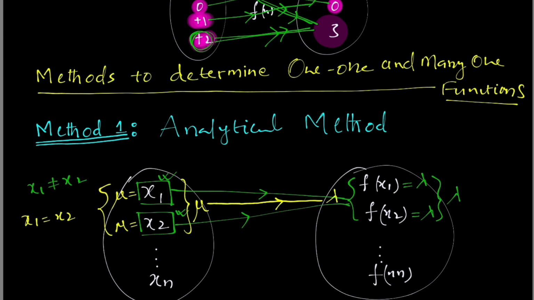In the sense, it means the mapping of only one element from the set of pre-images is happening to the only one image in the set of images, right? So there is only one value, one to one mapping is happening whenever x1 equal to x2 and f of x1 equal to f of x2.